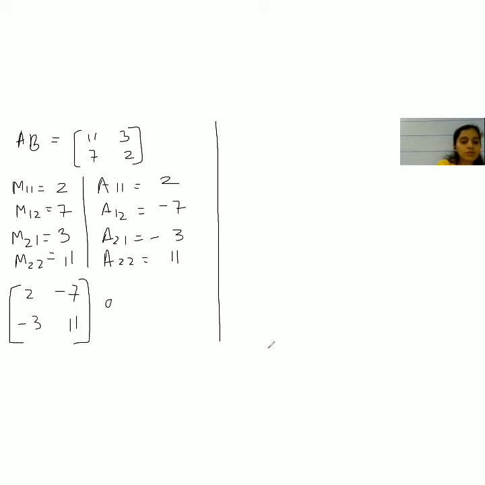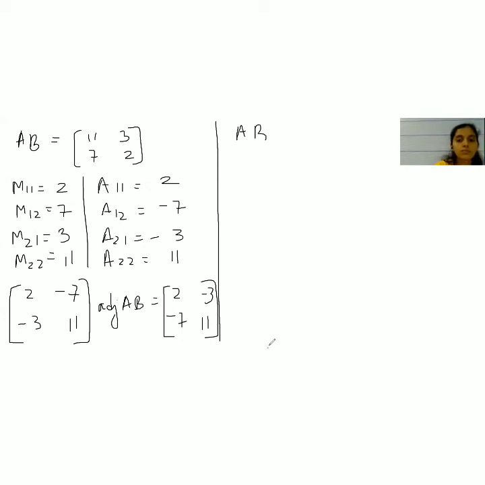Okay, adjoint of AB will be, we'll make the rows as the columns. So 2, minus 7, minus 3 and 11. This is adjoint of AB.